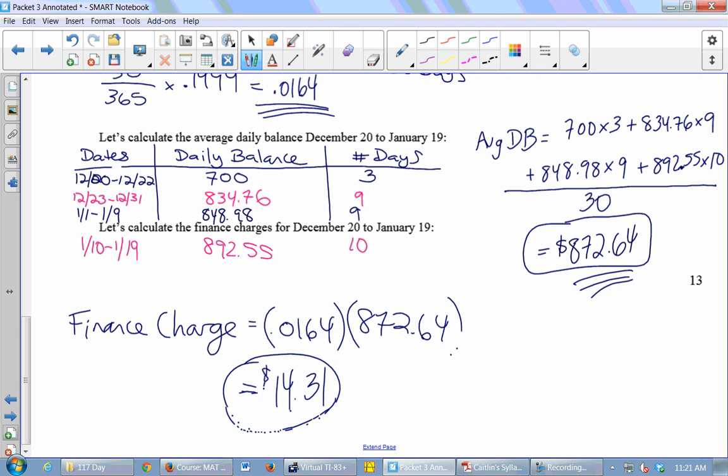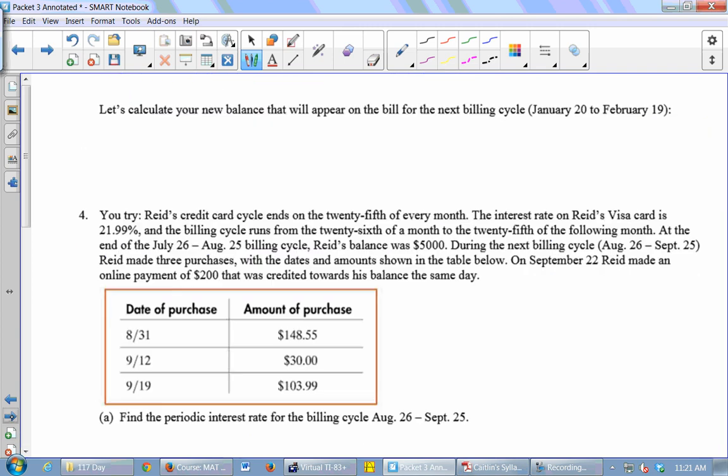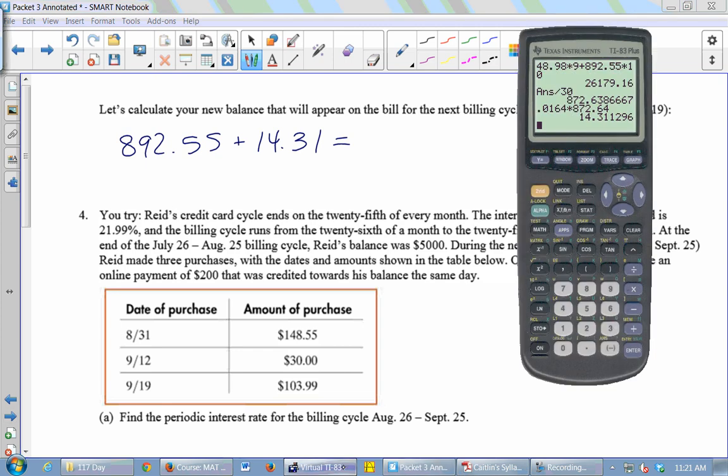So 892.55 plus 14.31. I didn't make any payments this month, so if I did, I would subtract a payment here too. 892.55 plus 14.31 is 906.86.